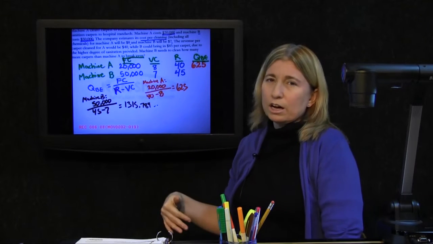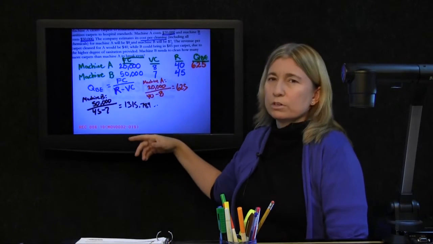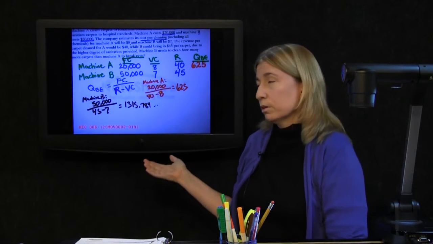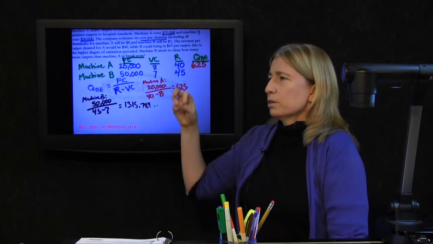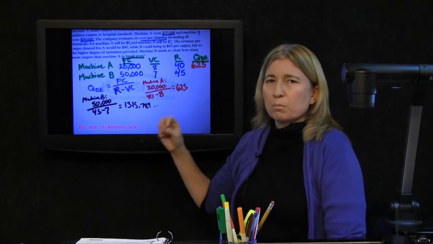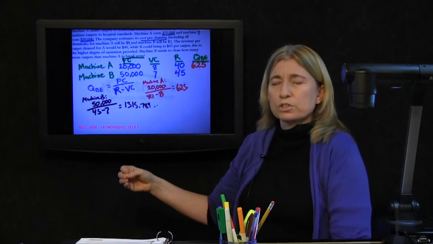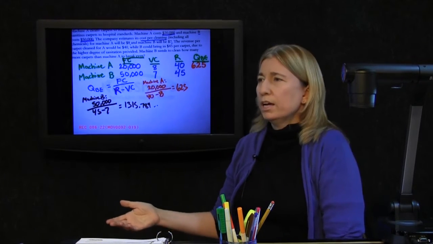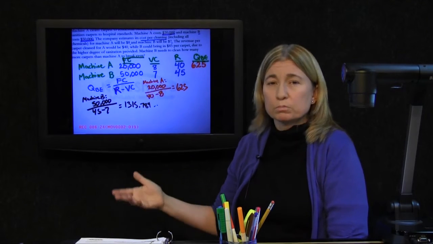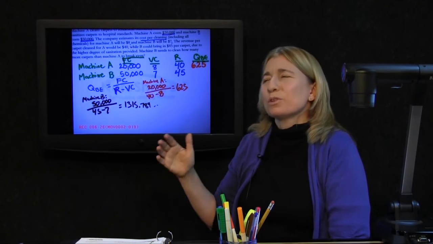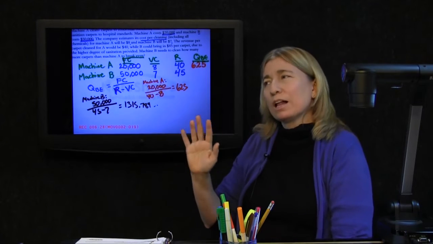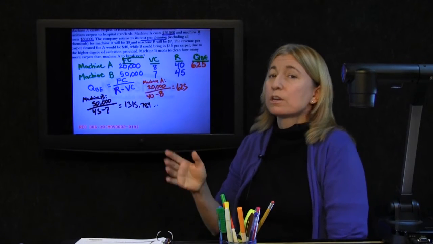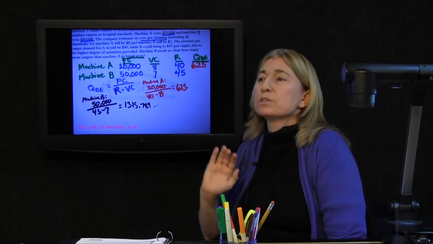The thing that's a little awkward is that this is not a round number of carpet cleanings, right? 1,315 and 0.789 of somebody's carpet. Okay, there's no such thing. We need to recommend a round number of carpet cleanings. So the appropriate thing to do to make sure that Gallant Carpet Cleaning covers their costs, in general with break-even points, is bump it up.